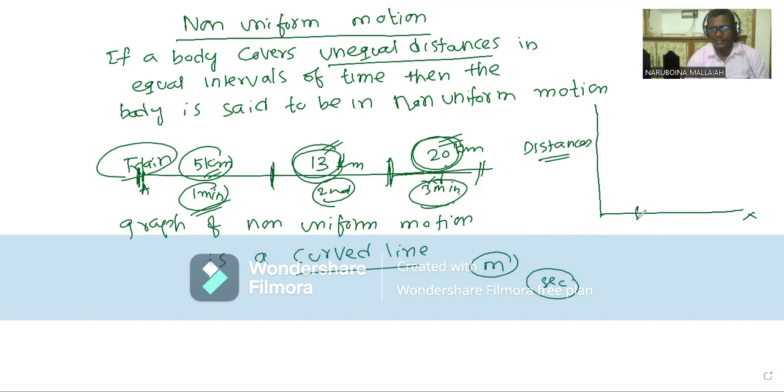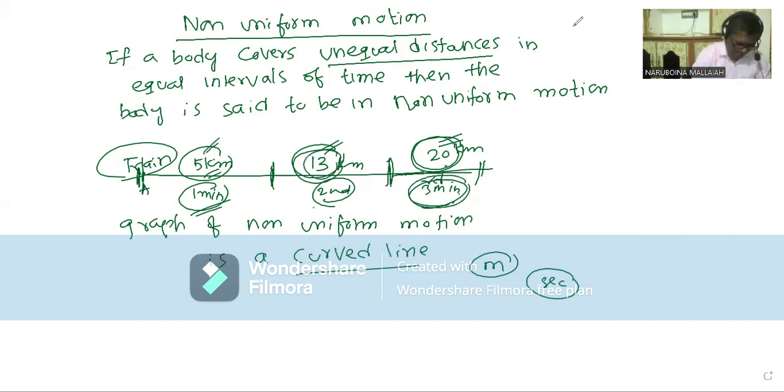This is the first minute, second minute, third minute. I am writing here 5, here 10, here 15, here 20. Between 10 and 15, I have 13 here. Say I am drawing the graph.